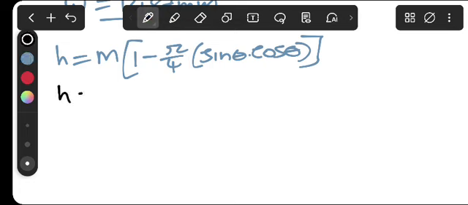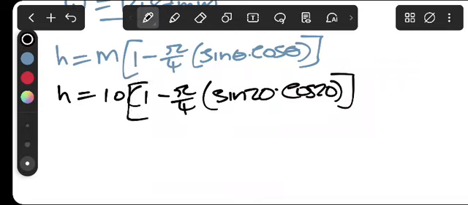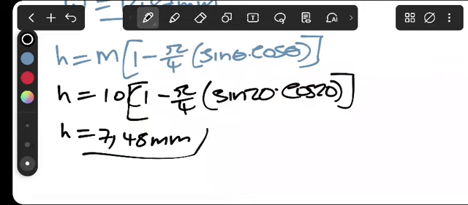We have our height, modulus is 10, 1 minus pi over 4 into sine 20 multiplied by cos 20. Then if we punch all of these, we'll have our height as 7.48 millimeter. All right, so this is what we have, guys.